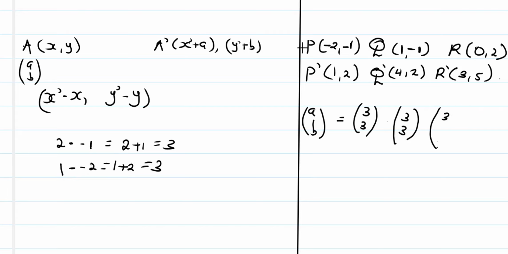Then for Y, we have 2 minus negative 1, which becomes 2 plus 1, which is also 3. So all three points give us the same translation vector, which means the translation vector in this case is (3, 3). That's how we translate figures on the Cartesian plane.